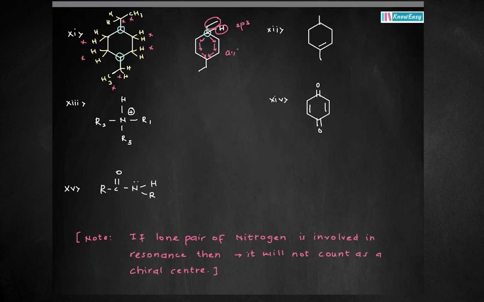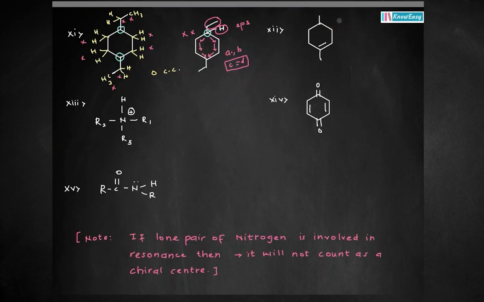Okay, so it has A, B, but C and D are the same. So it will not have A different from B, B different from C, and C different from D. So it will also not be called a chiral center. So the number of chiral centers finally in this question will be 0. Okay, so I told you how to check chiral centers in a cyclic system. So that is very important.